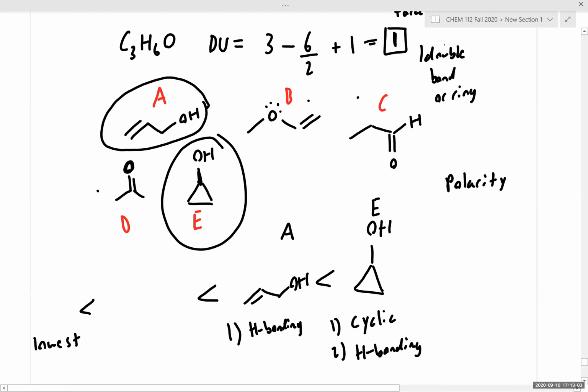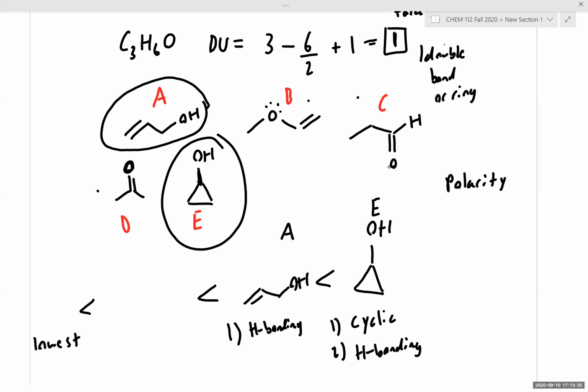So we have to think which of these molecules have the most polar bonds and by extension, the greatest molecular dipole.